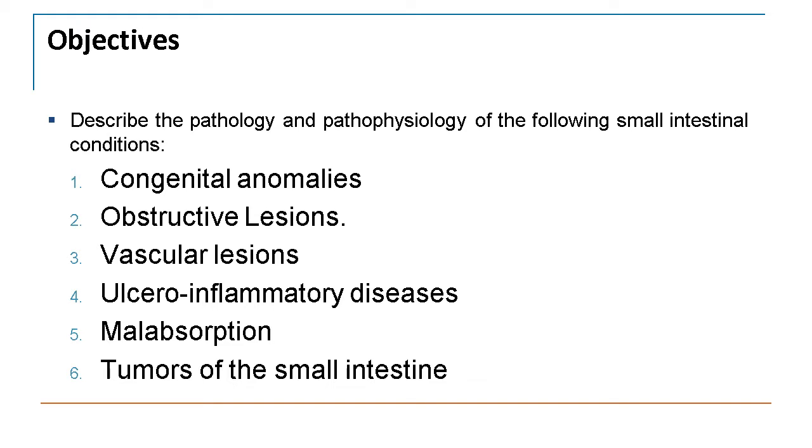I will divide this session into two parts. Part 1 will include up to number 4, the ulcero-inflammatory diseases. Then the second part will include malabsorption and tumors of the small intestine.